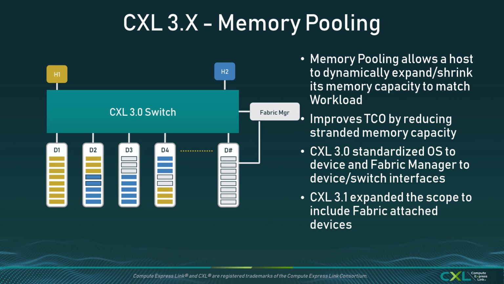Some workloads have characteristics where, for some amount of time, they need a lot more pages, a lot more memory, and once the burst goes away, they don't need that much memory. So what happens without memory pooling is that all the nodes have to over-provision memory.